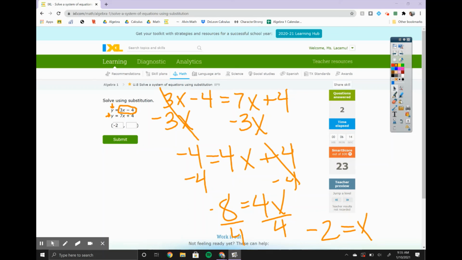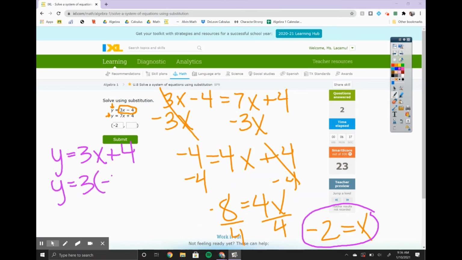Then I just have to solve one of these for y. So what I'm going to do is take either one of these equations. I'm going to take the first one. Y equals 3x plus 4. And we just found out that x equals negative 2. So I'm going to replace the x with a negative 2. So y equals 3 times negative 2 plus 4.